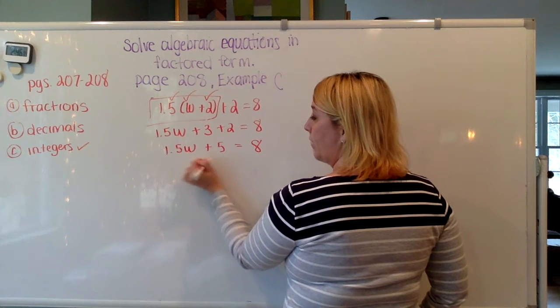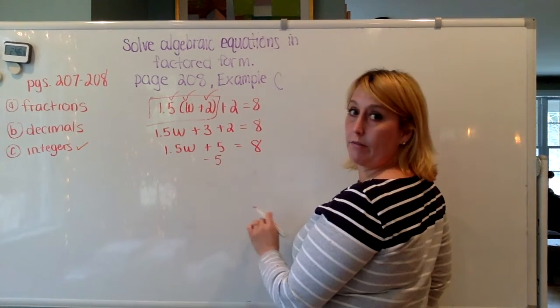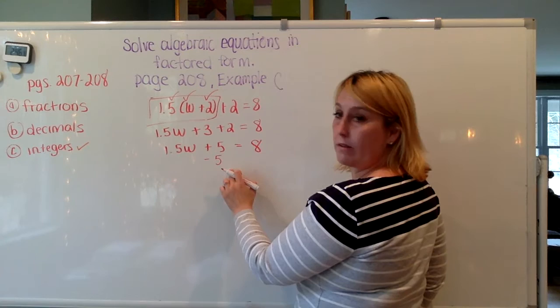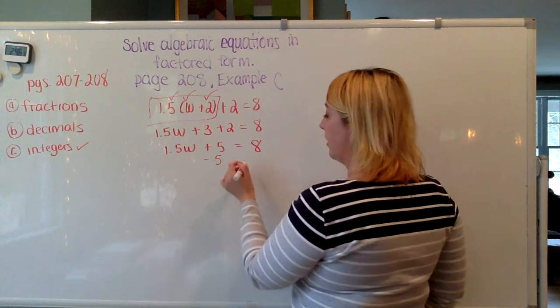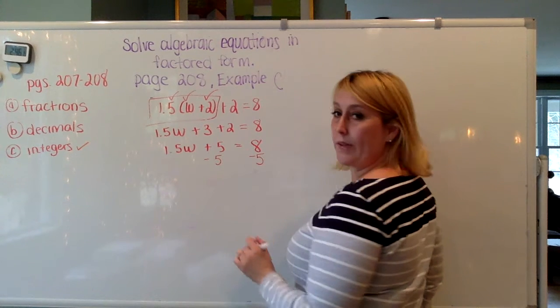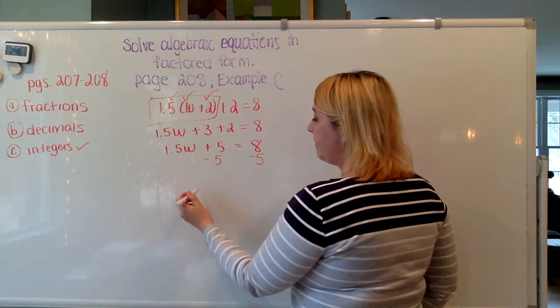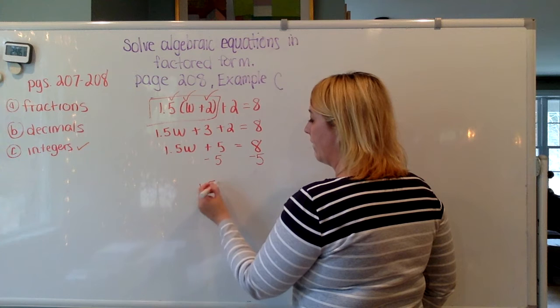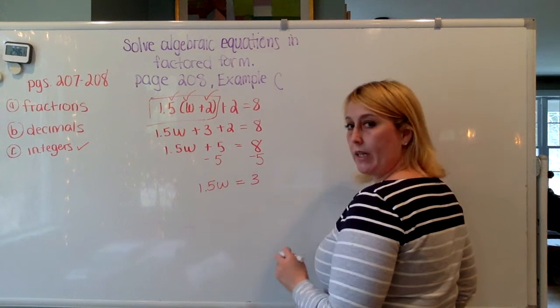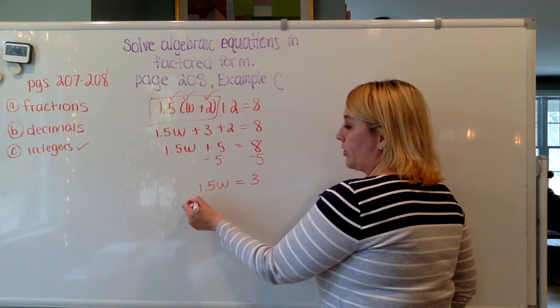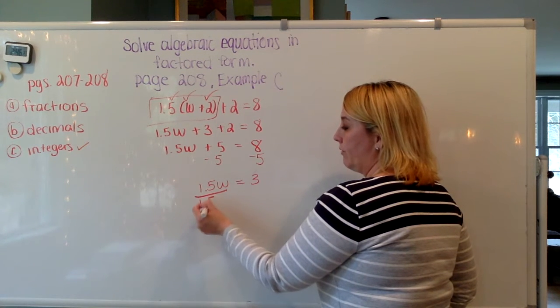So again, I'm isolating the variable, so I need to get rid of this constant. So the opposite of positive 5 is negative 5, right? Because I'm trying to undo positive 5. I can undo positive 5 with negative 5 and make it equal to 0, but I need to do the same thing on the other side of the equal sign. Then I have 1.5w equals 3, because 8 minus 5 is 3. I've got a multiplication coefficient, so I need to divide, right?